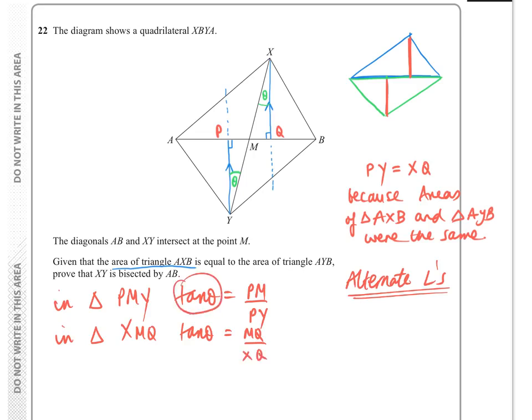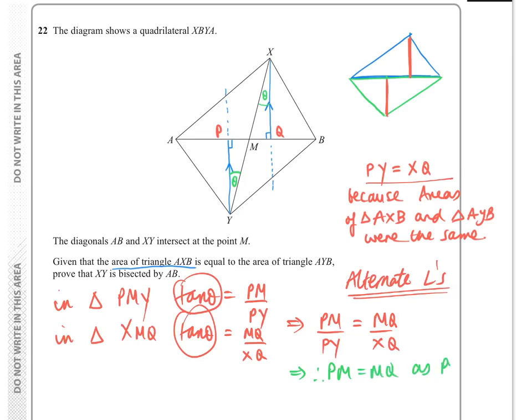Now, because they're both equal to tan theta, we can say that PM over PY is MQ over XQ. But we already know that PY and XQ are the same, so we can deduce that, therefore, PM equals MQ as PY equals XQ. So the numerators must match if the denominators are exactly the same.